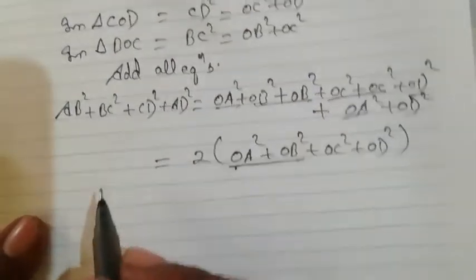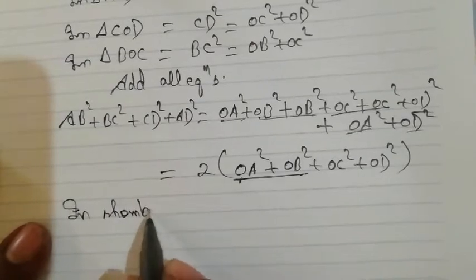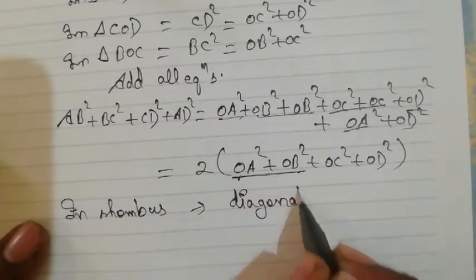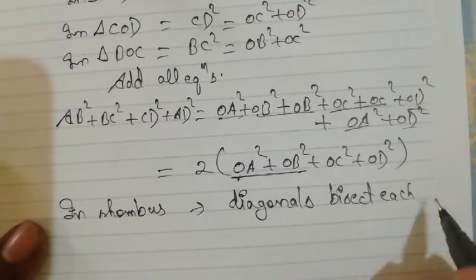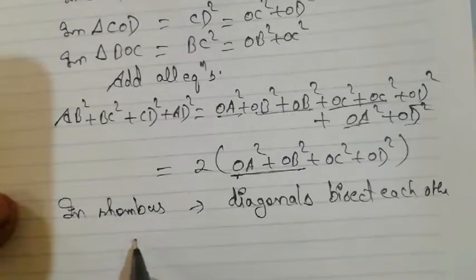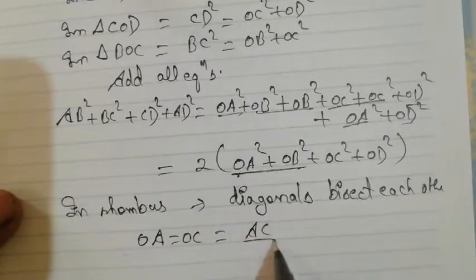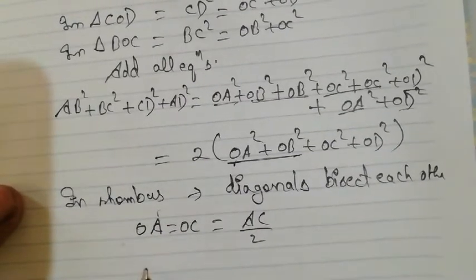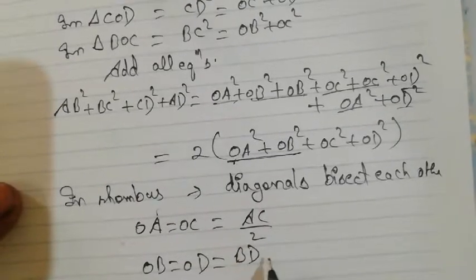Now for a rhombus we know that the diagonals bisect each other. It means that we can say OA is equal to OC is equal to AC by 2, and also OB is equal to OD is equal to BD by 2.